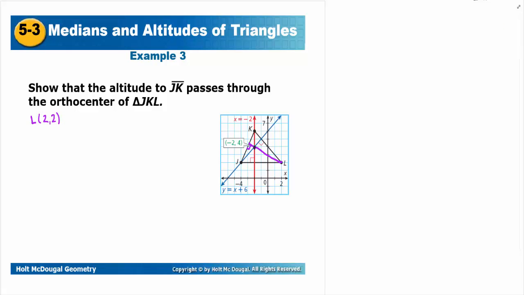Now, on the other end, I know that this segment that I'm going to draw, and let's call this point O, okay? I know that LO, the segment I'm trying to find, is going to be perpendicular to KJ.